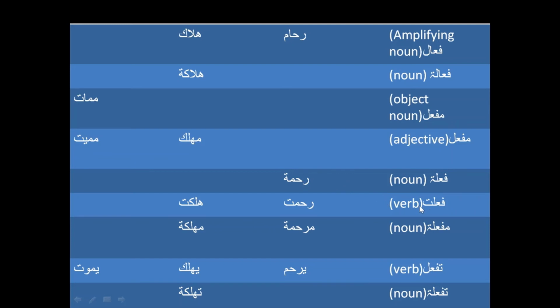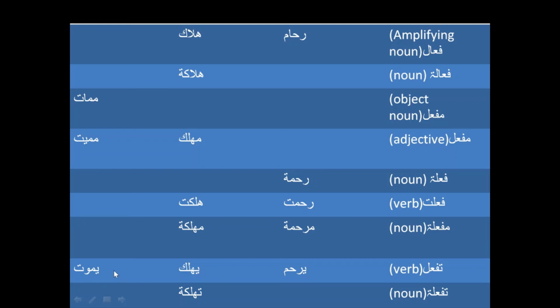And then we have Fa'lat. Fa'lat is like Rahmat, Halkat, and these are verbs. And then we have Mufa'alat and Marhamat once we are giving kindness, and Muhalikat. And then we have Yaf'al and Yarham. Actually this is Yaf'al here, and on this scale it would become Yarham, Yahlik and Yamut.